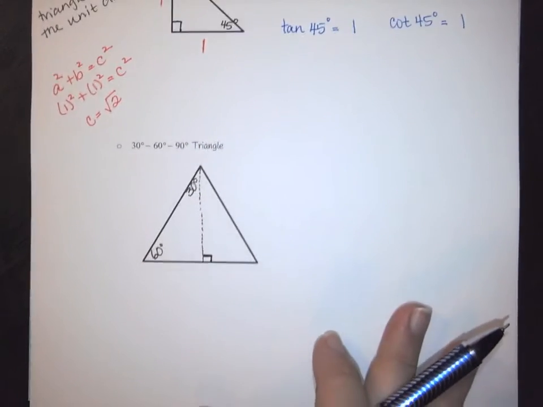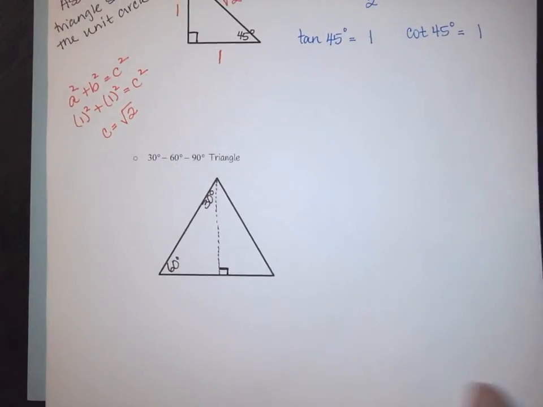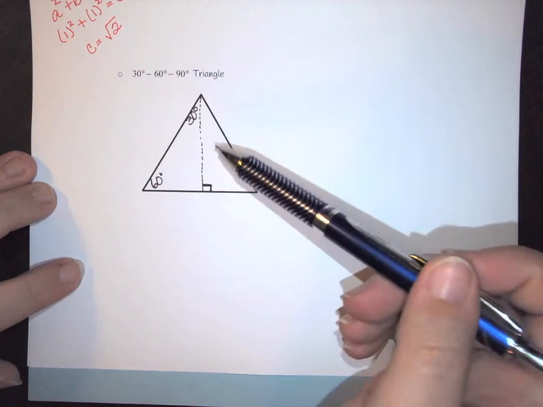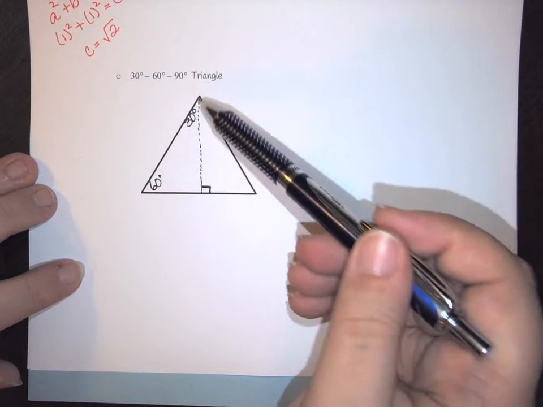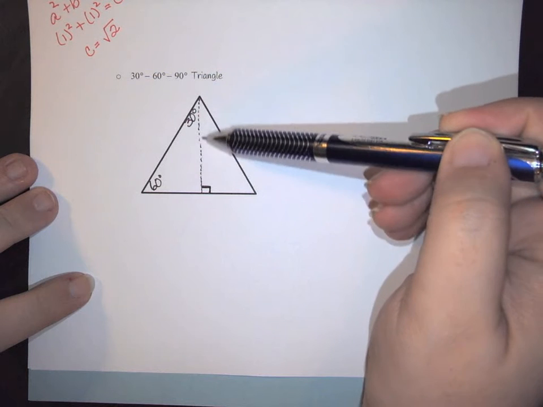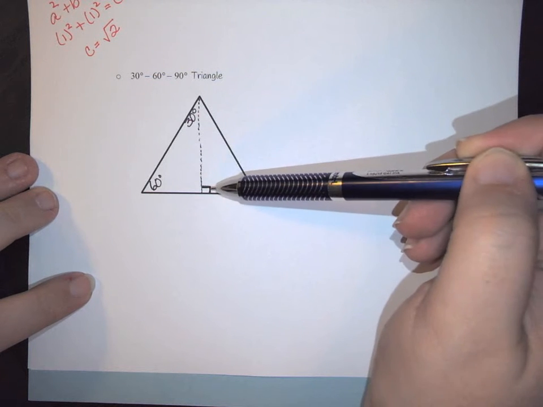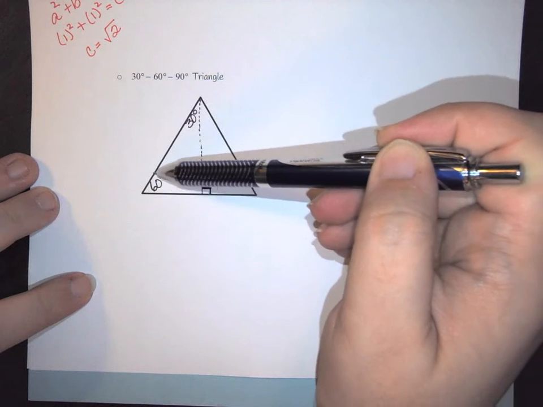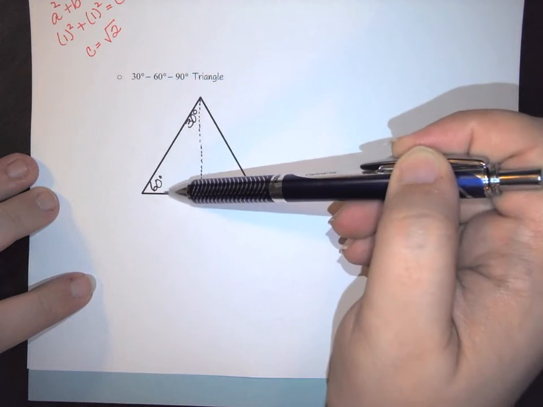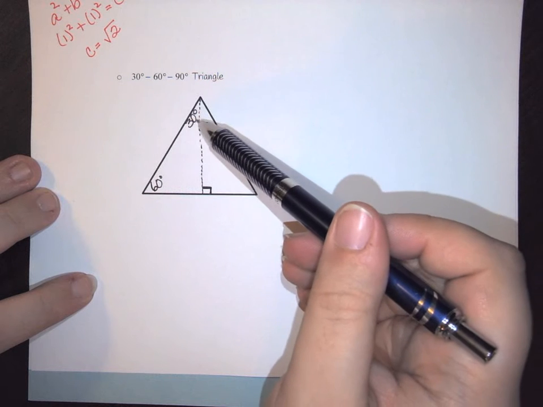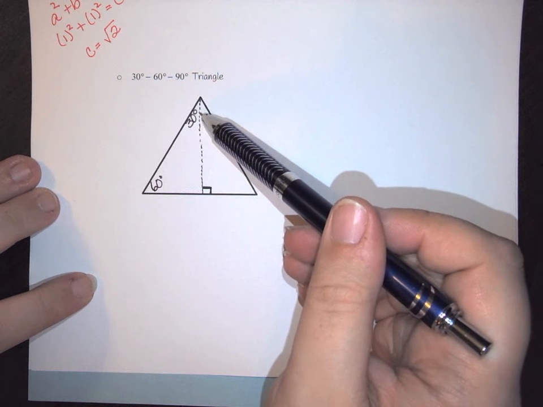Now, working with the 30-60-90 triangle is slightly different. The reason for that is because the 30-60-90 triangle stems from an equilateral triangle. So what I did here is I dropped my vertical line in the middle, giving this my 90 degrees. Since one angle is 60, being the definition for equilateral, that cuts my little angle down to 30.